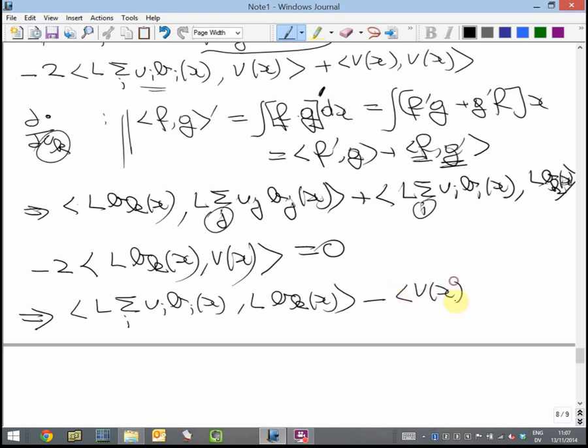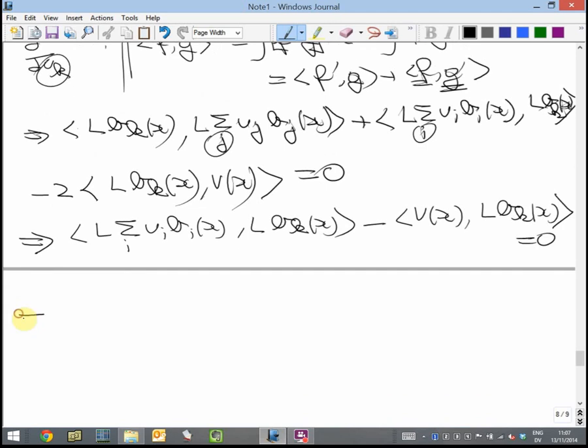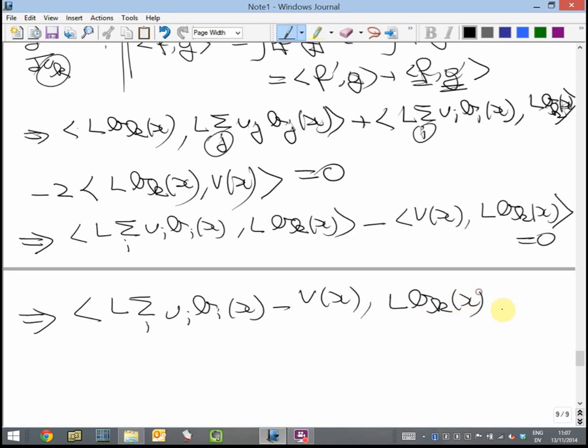We have V of x, L b_k of x should be equal to 0. Now, if we just combine everything, the sum of u_i b_i of x minus V of x, L b_k of x is equal to 0.